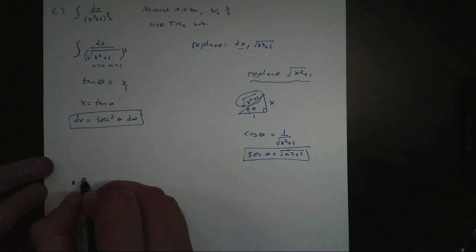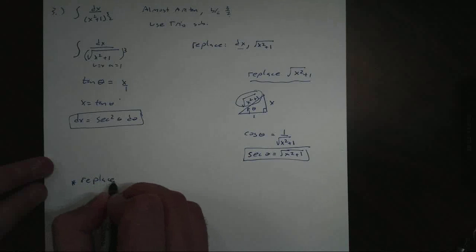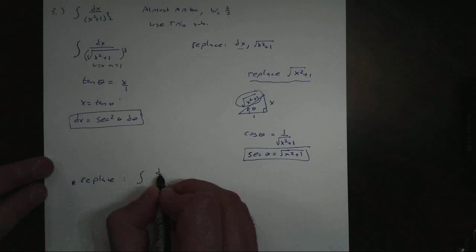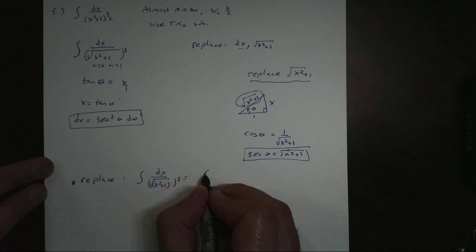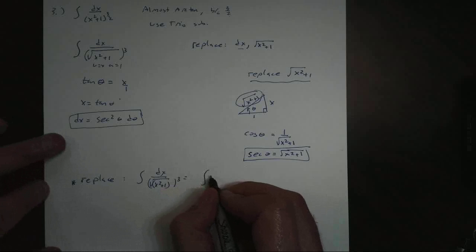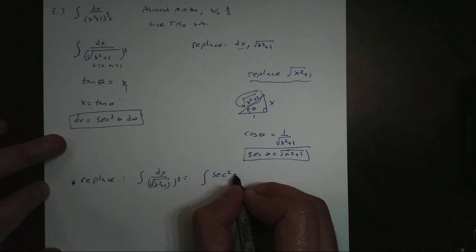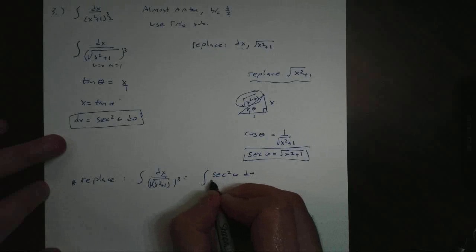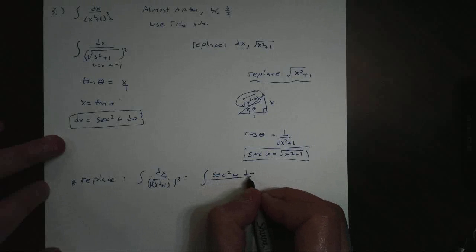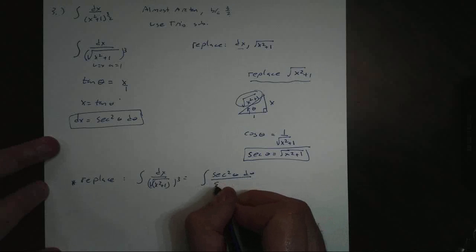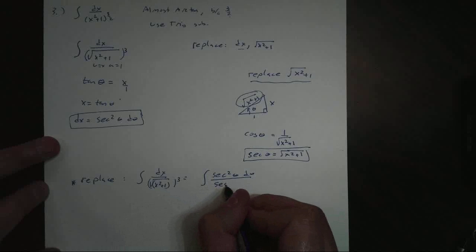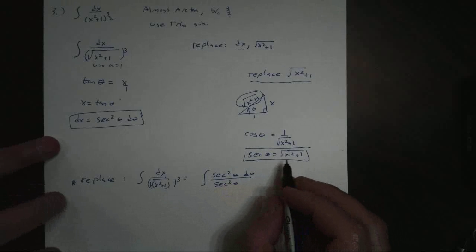At this point, I'm going to replace everything now. My original was dx over the square root of x squared plus 1 quantity cubed. The dx, we just said we're going to replace with secant squared of theta d theta, and the bottom, when we replace it, becomes the secant, be careful, cubed of theta.